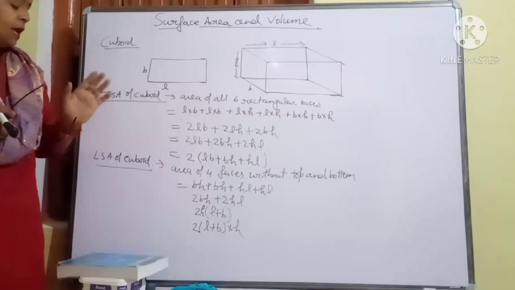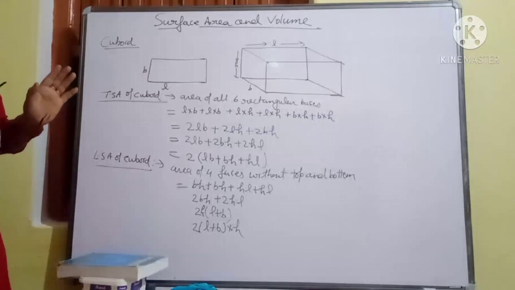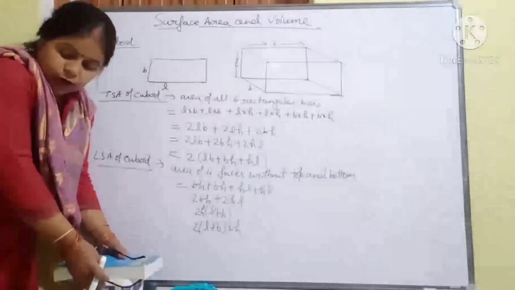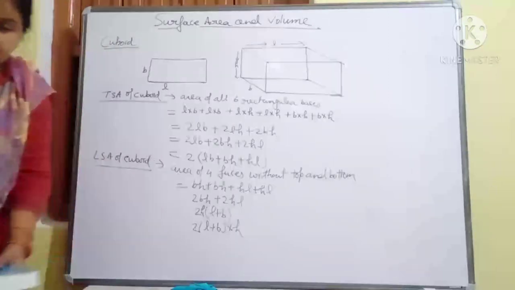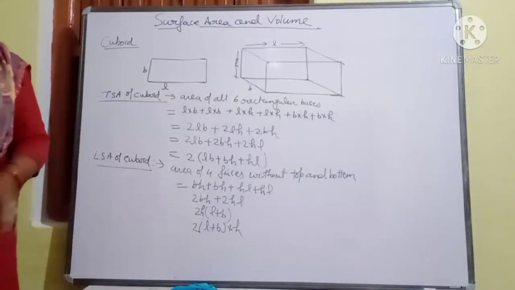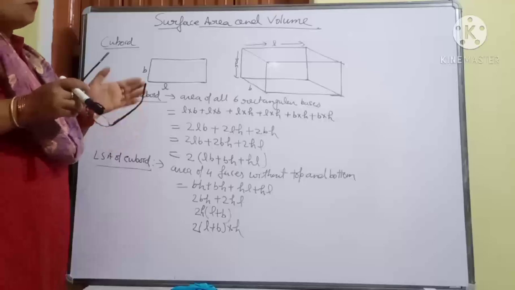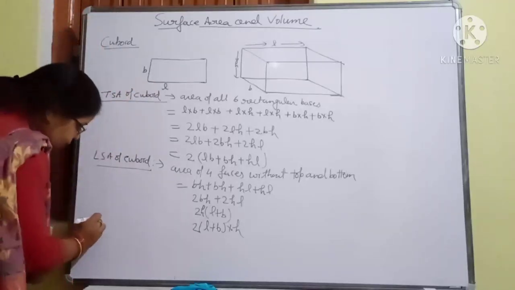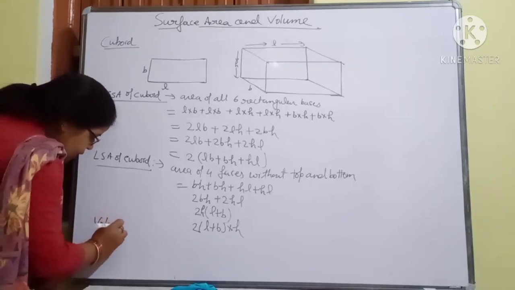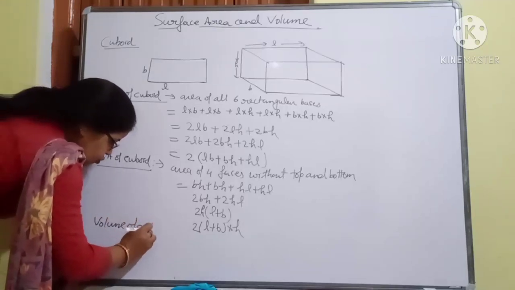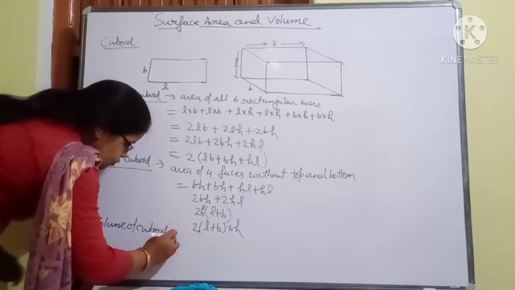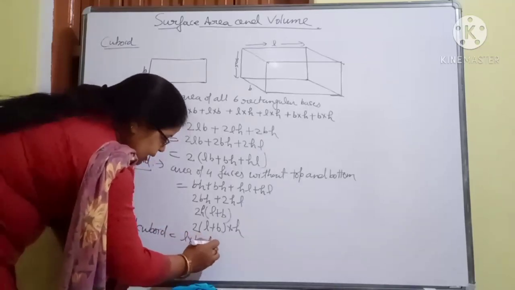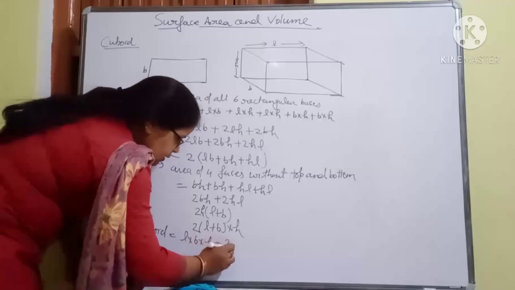Okay, now finally we are coming to the volume of the cuboid. Beta, it is a 3D object, it has length, breadth and height, so its volume will be equal to length multiplied by breadth multiplied by height, meter cube or centimeter cube.